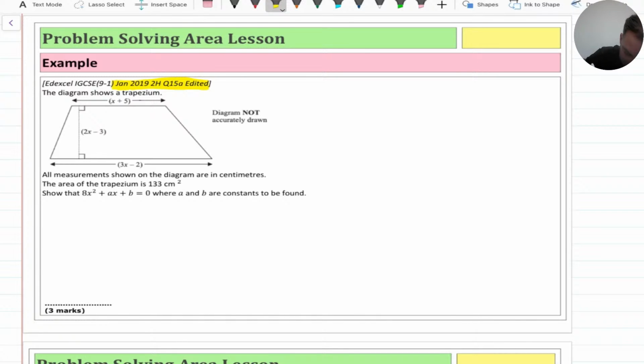Okay, so it tells us here that the area of the trapezium is equal to 133, and it says show that this can be written in this format where we're trying to find a and b. So draw this trapezium down first of all. Draw that trapezium down.